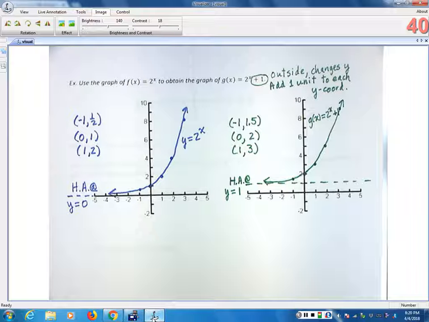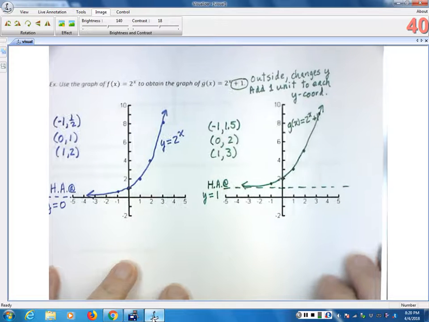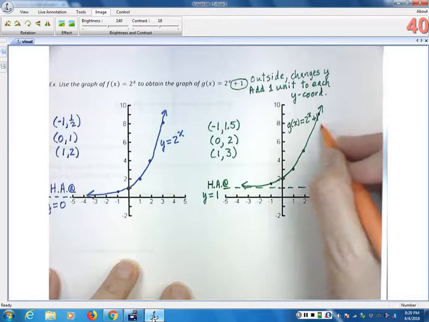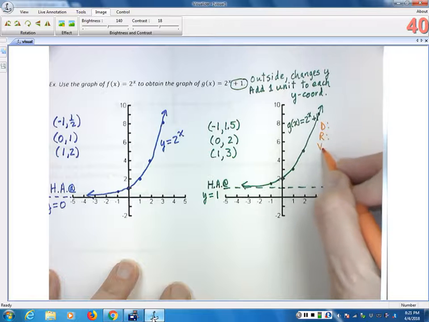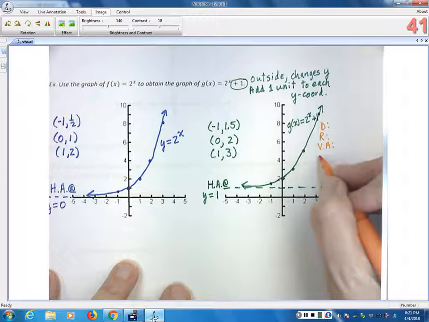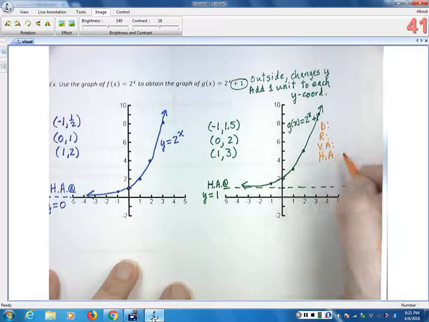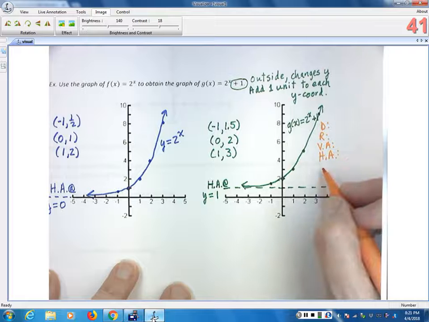Okay, so we can find the things that I listed up there again for this. Now I left room for it. So domain, range, vertical asymptote, horizontal asymptote, x-intercept, and y-intercept.